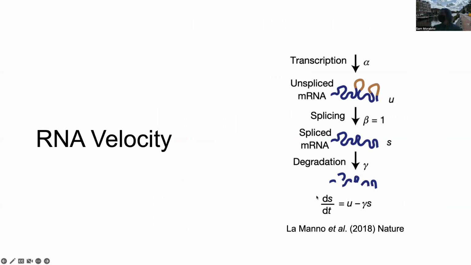Then you can get an idea of not just the quantity of RNA, but the velocity: is this gene increasing or decreasing in expression? In this paper, they extrapolate that to a vector field where the arrow points to a cell that is more similar based on these changes in gene expression velocity.